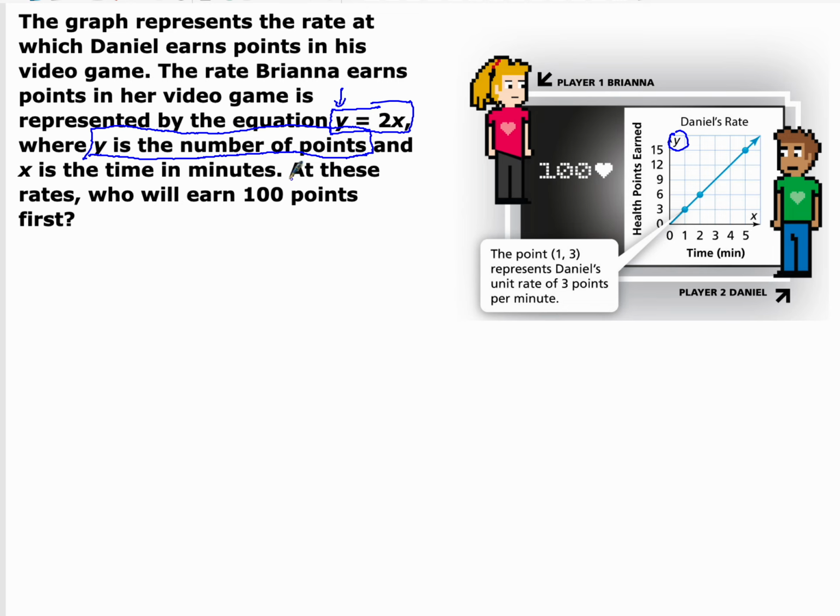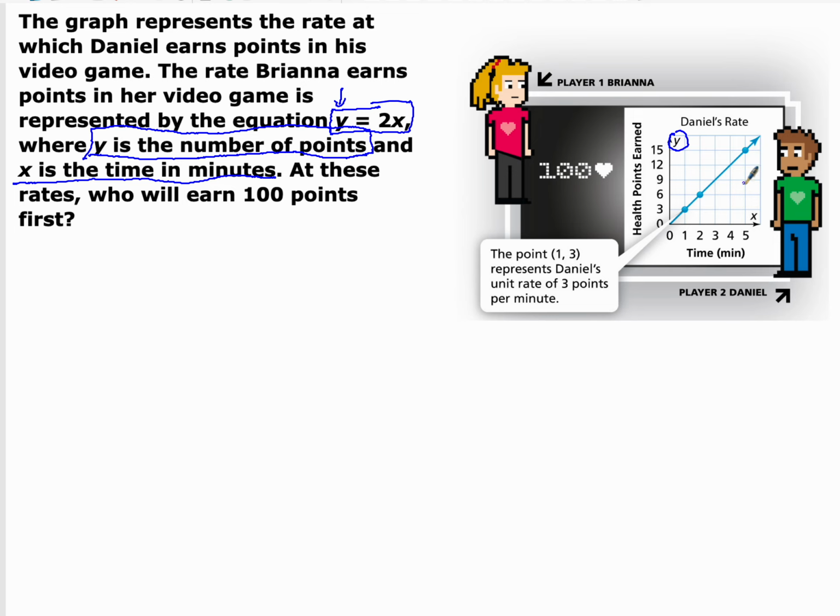It says in her equation, x is the time in minutes. Does that relate to Daniel's graph? Yes. The x-axis is the time in minutes. So the equation and the graph represent the same data. That's good to know. That means we can compare those two things.